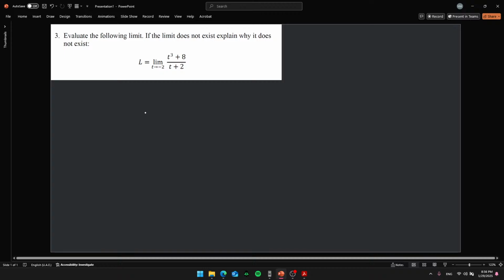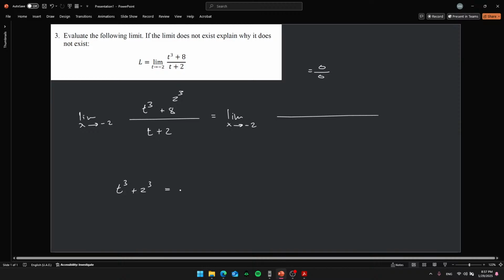Plug in the number, you'll get 0 over 0. So limit as t approaches -2 of t cubed plus 8 over t plus 2. Now factor the numerator. I've already shown you how to factor it. When you have a cube plus a cube, 2 cubed is the same as 8, so it's t cubed plus 2 cubed.